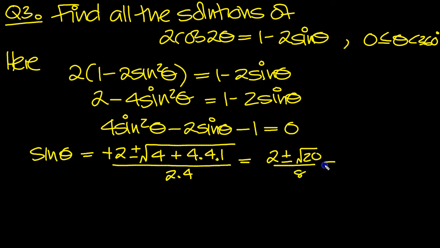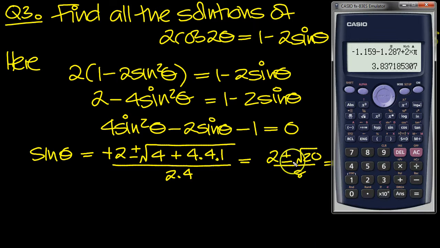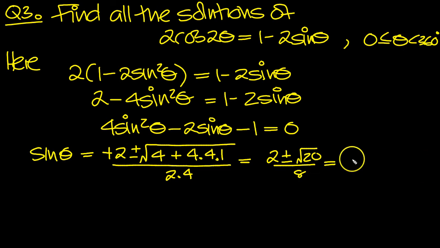Now we just need the decimals here because we're just working out a value of theta, aren't we, for calculation purposes. So it's bracket 2 plus the square root of 20, close the square root and then close the bracket, divided by 8 equals, and then we get the decimal. Now it's 0.809 to 3 decimal places, that will suffice hopefully.